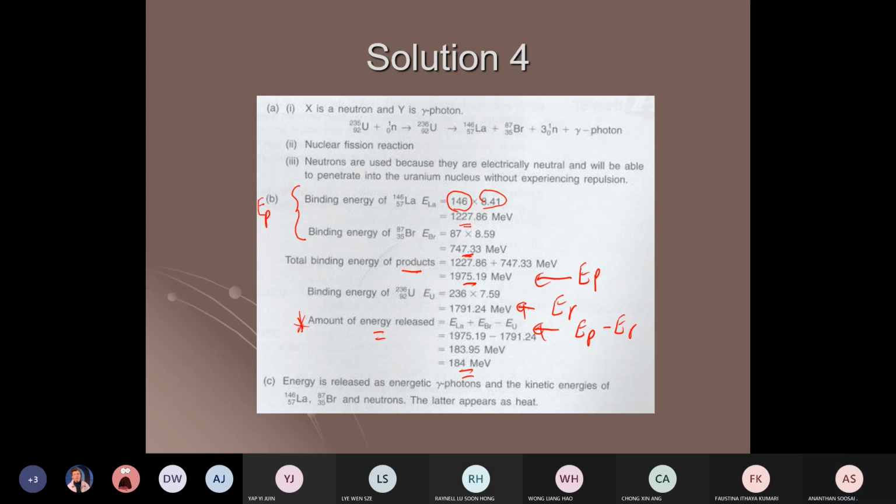This is another way of finding energy release by using binding energy. If it's an exothermic process and energy is released, that means the total binding energy of the product is greater than the total binding energy of the reactant. So the total binding energy of the product minus the reactant is the energy release.